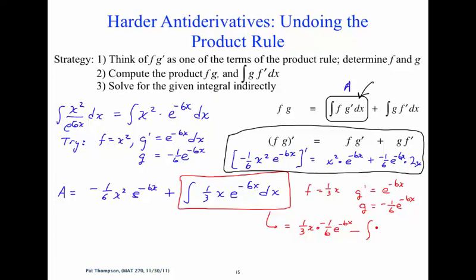g f prime should be 1/6. 6 x f prime should be 1/3. Oh, you're saying for the next one to solve. Would you like one over 108?